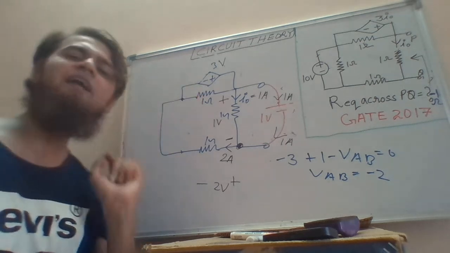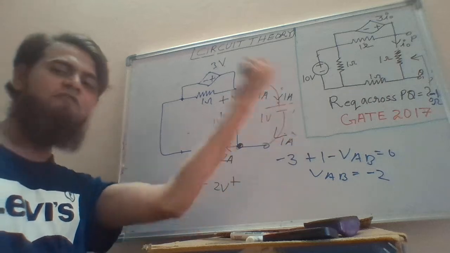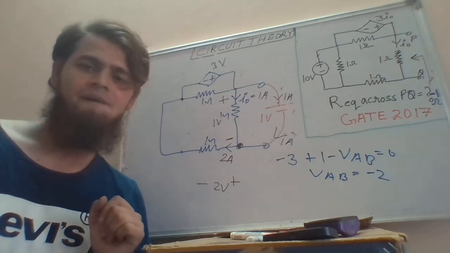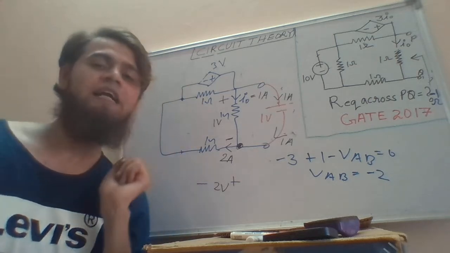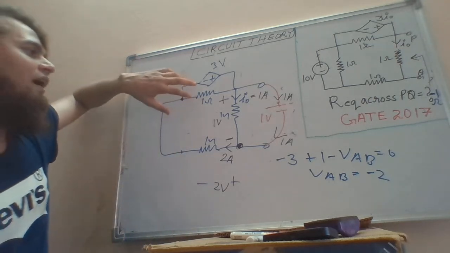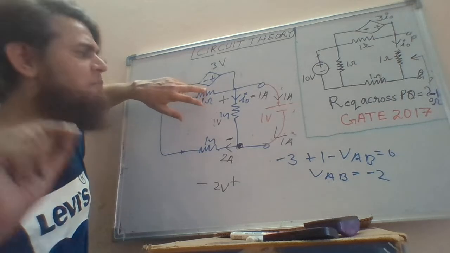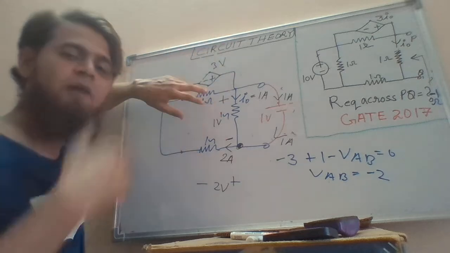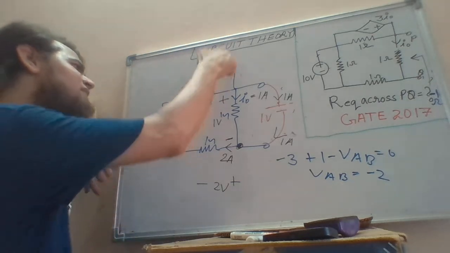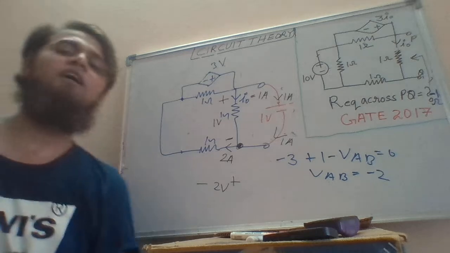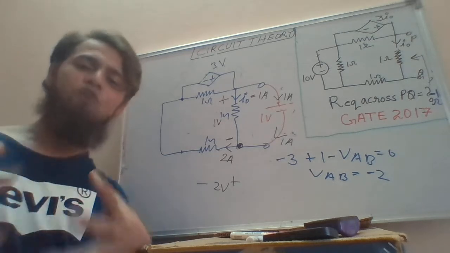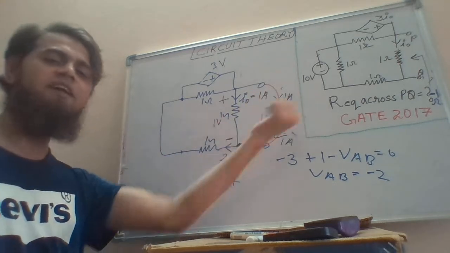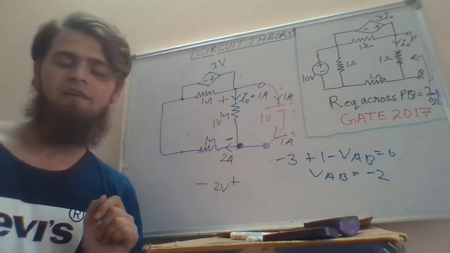So this dependent battery is coming into the picture because of the external battery. There is no doubt, of course, that's why we are calling it a dependent source. Fine. But the interesting point, why this battery is receiving the current rather than supplying, is that when this dependent source comes into the picture, it comes into the picture so strongly that it forces this external battery to behave as passive.